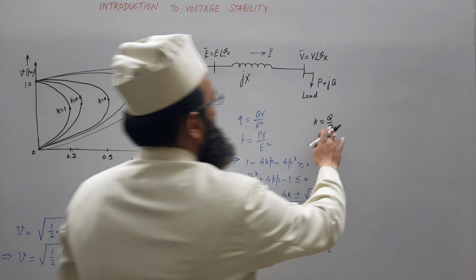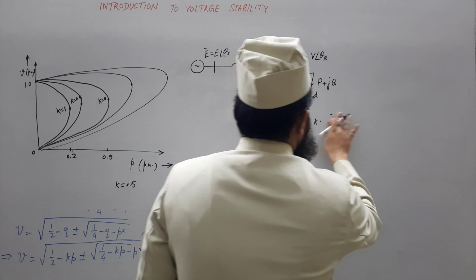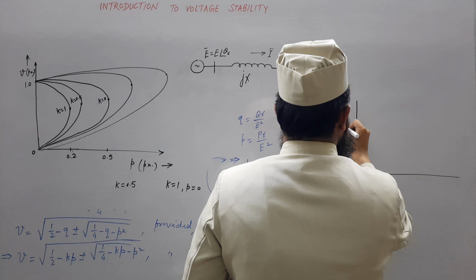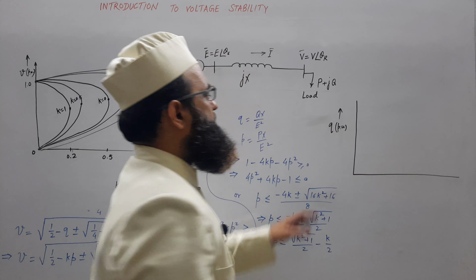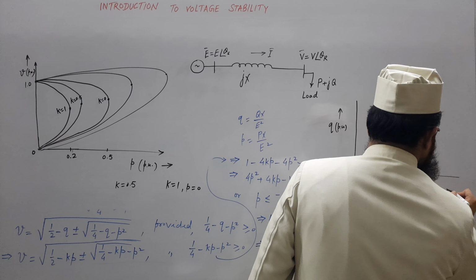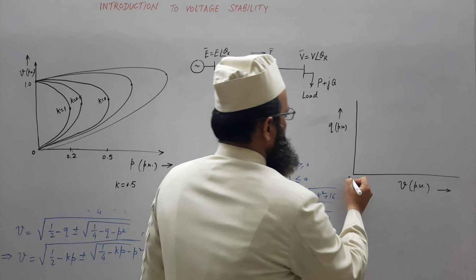Similarly, if you want to plot the QV curve, this was the PV curve, P versus V. Let us have Q here. Obviously in per unit, this is nothing but Q per unit, and this time let us take V here, obviously in per unit, this is 0.